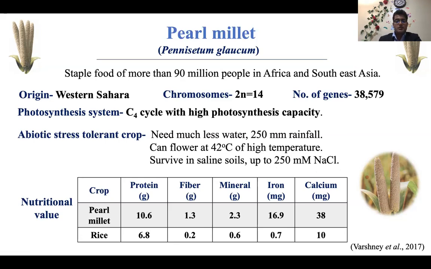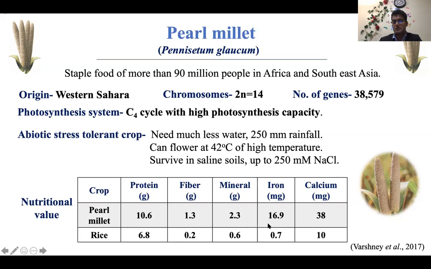And if you go into the nutritional value, it has a very good nutritional profile. If you compare it with rice, it has very high protein, almost 1.6 times more protein as compared to rice. High amount of fibers, that's why it's good for digestion.